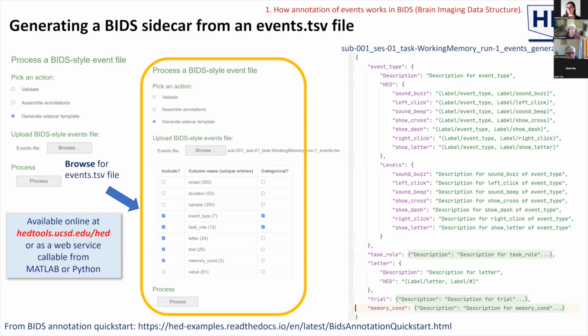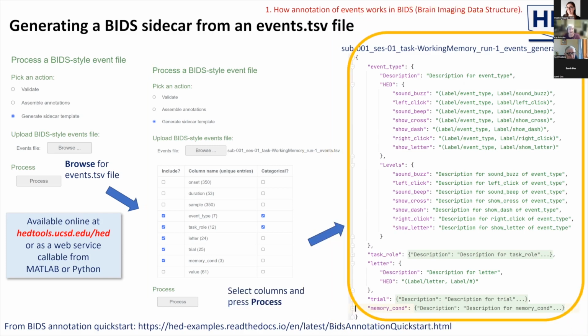And HED has a convenient way of annotating those as well, but they're not annotated as categorical columns. You select those columns, you press process, and it generates a template for you with all the unique values and levels and dummy entries for you to edit.